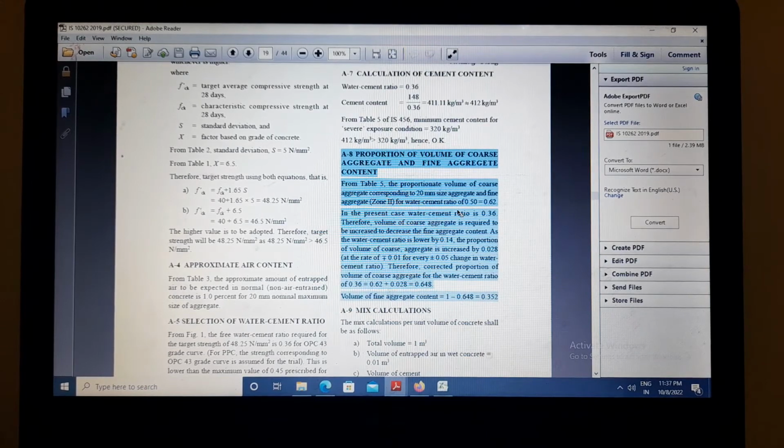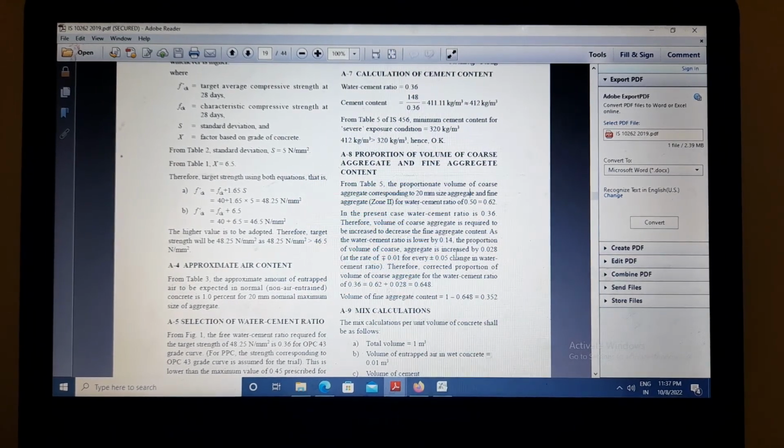Here for zone 2 they have given different proportions of fine aggregate. You can see here the proportionate volume of coarse aggregate corresponding to 20 mm aggregate and fine aggregate for zone 2, water cement ratio of 0.52 is 6:2. I think in general you should proceed with the trials, and accordingly you should decide the proportion of aggregate, which will be very useful and which is practical.